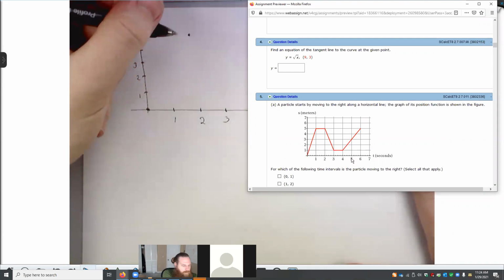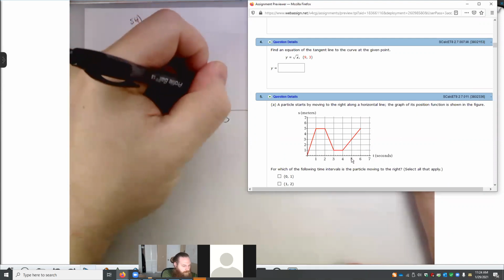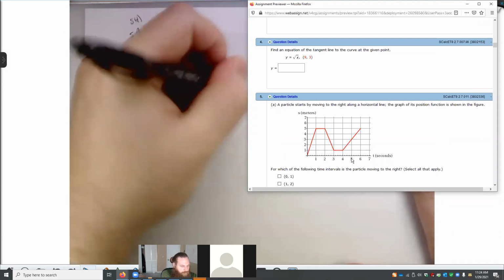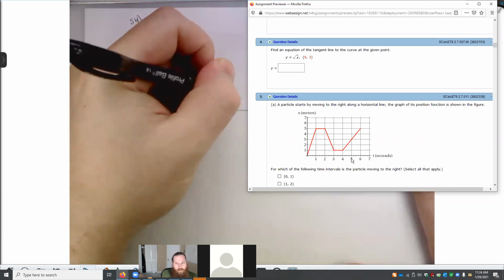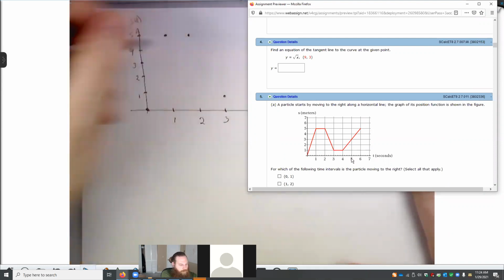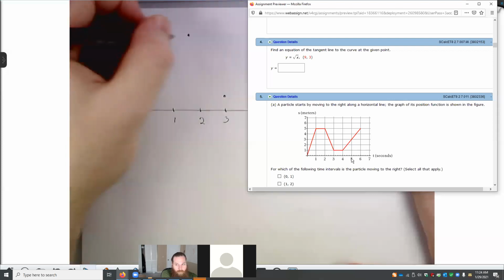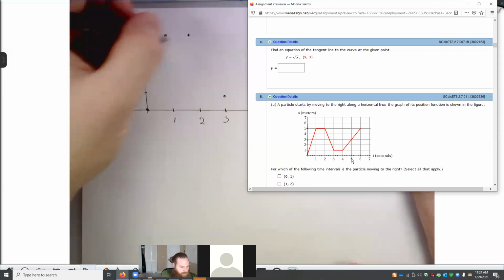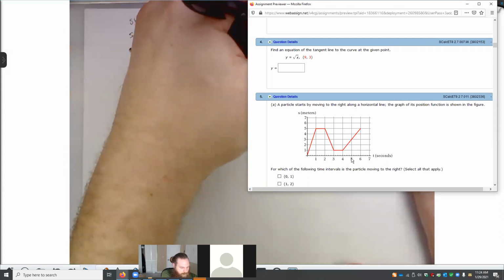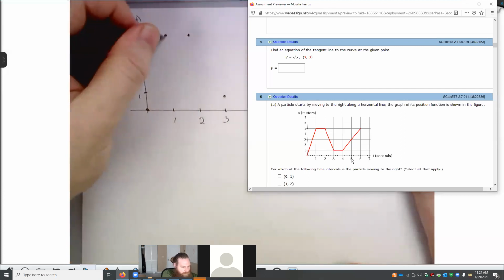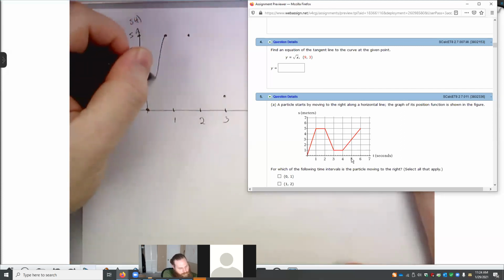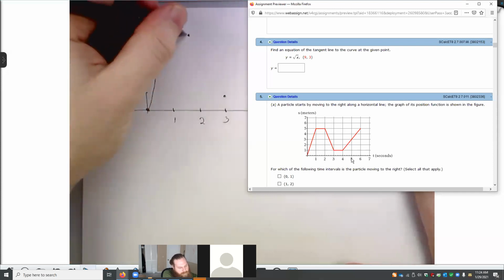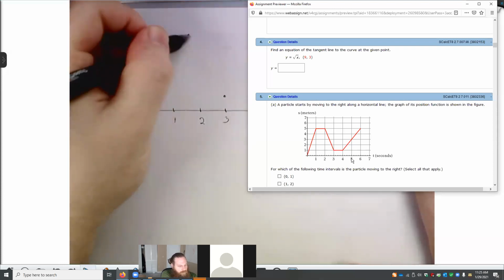Then by the time we're at t equals 3, we're all the way back down to 1. And then we chill there for a second. And then from times 4 to 7, we are moving back out to 5. So something like this.